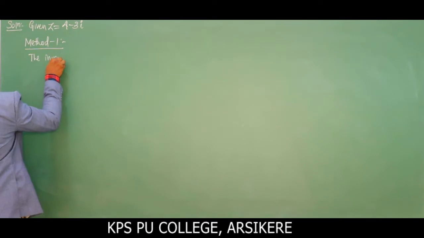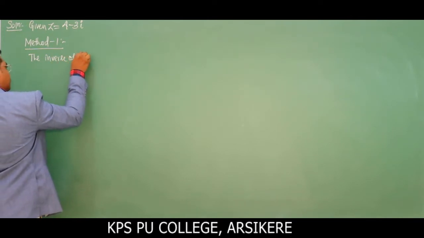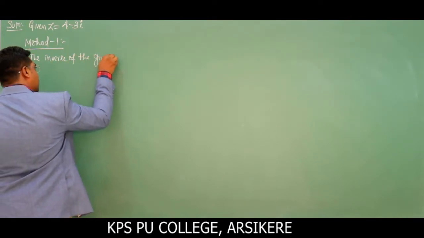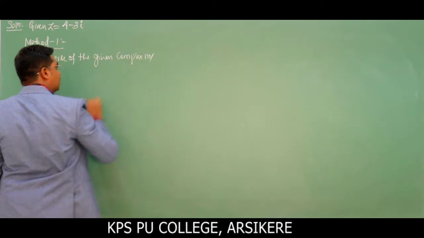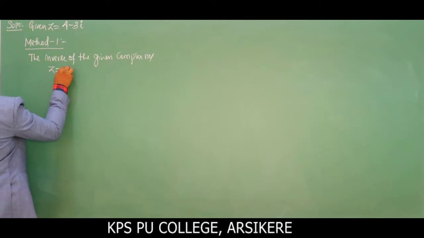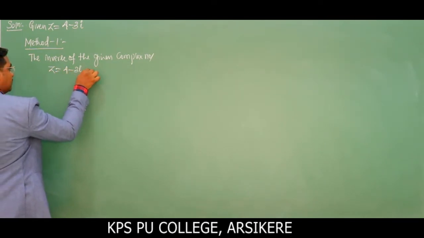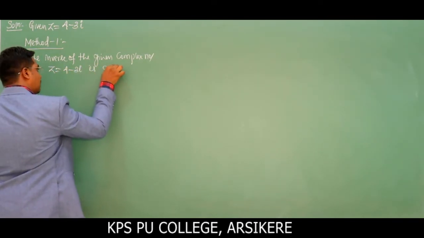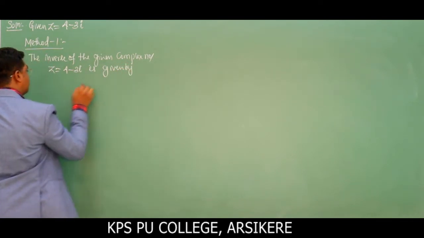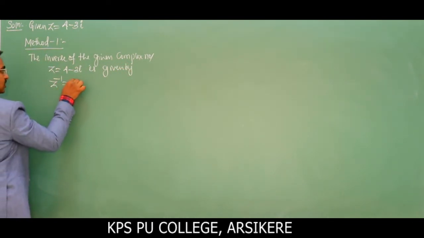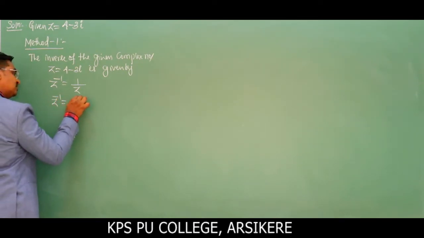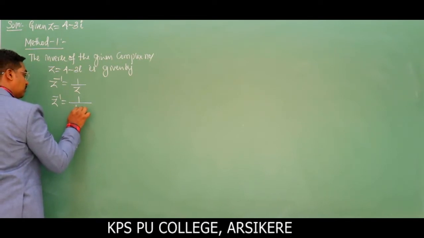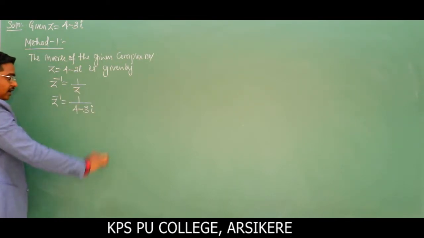The inverse of the given complex number z is equal to 4 minus 3i is given by z inverse is equal to 1 by z. So this is nothing but z inverse is equal to 1 divided by 4 minus 3i.